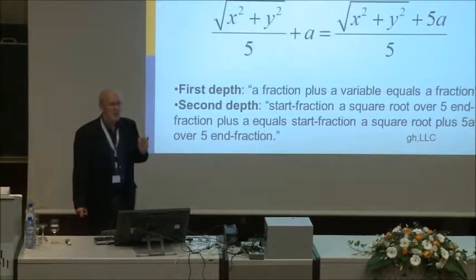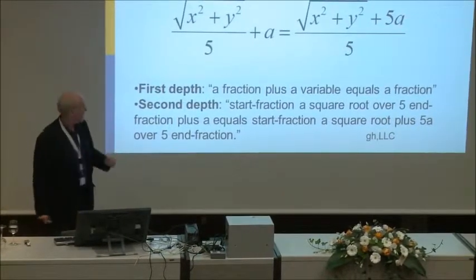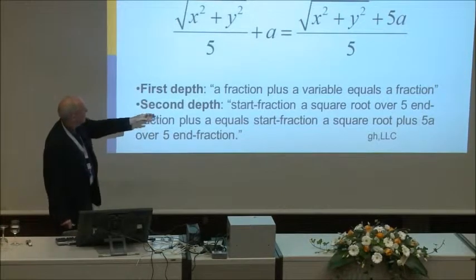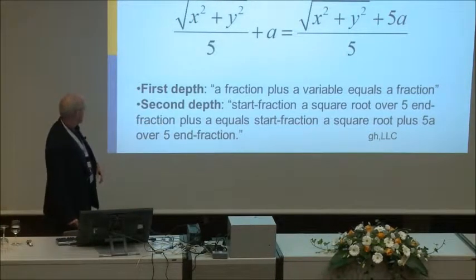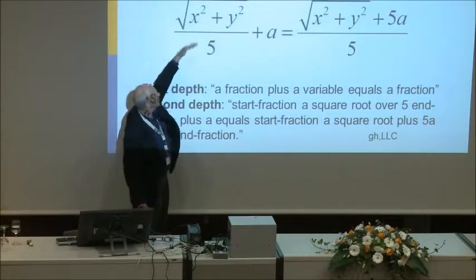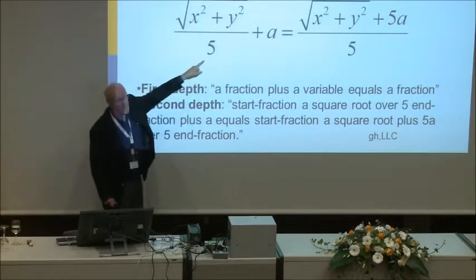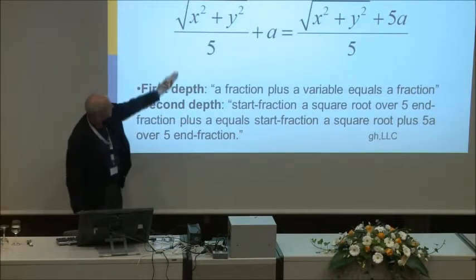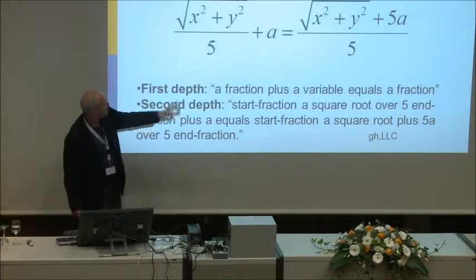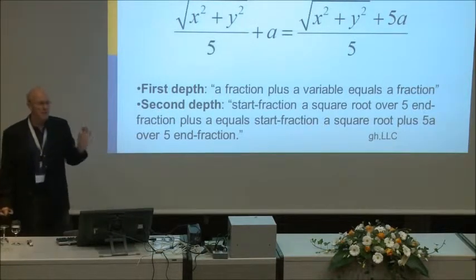The second depth, and I'll read this, starts this way. It says start fraction. The narrator will say that. So now we are beginning a fraction. Start fraction, a square root over 5, end fraction, plus a equals start fraction, a square root plus 5a over 5, end fraction.